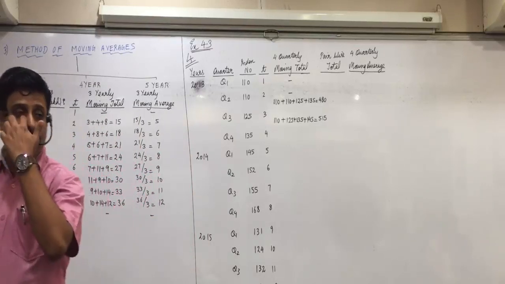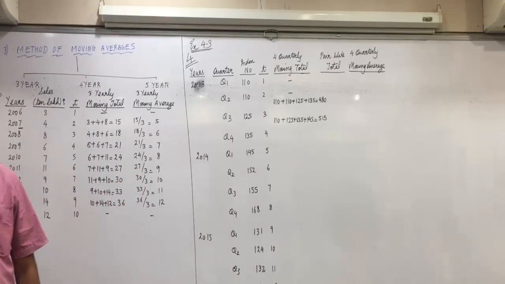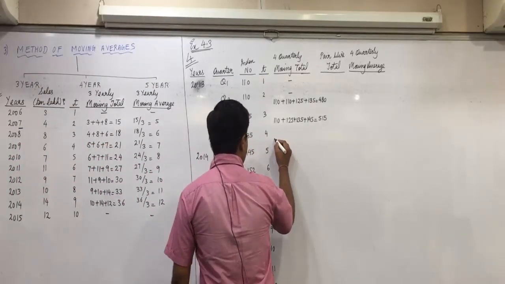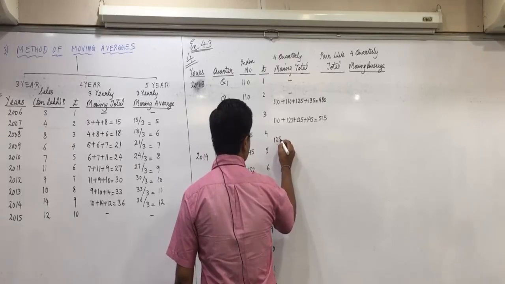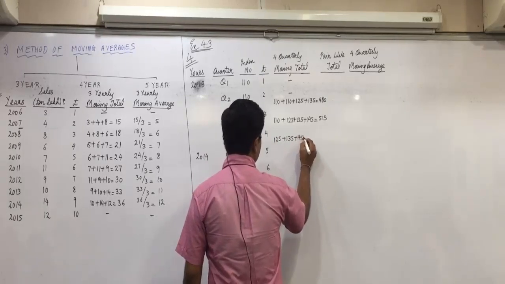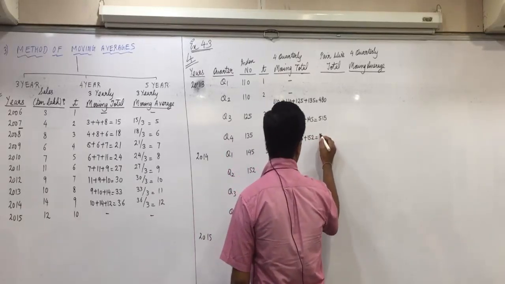So every figure you have to write in between 2 years. Understood that everyone? Next. 125 plus 135 plus 145 plus 152. 557?